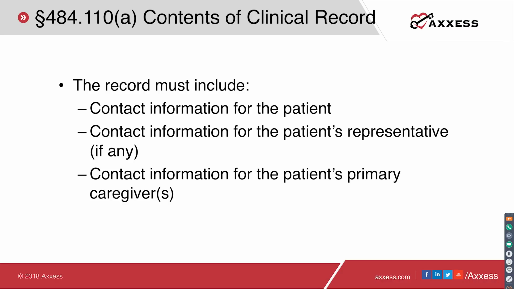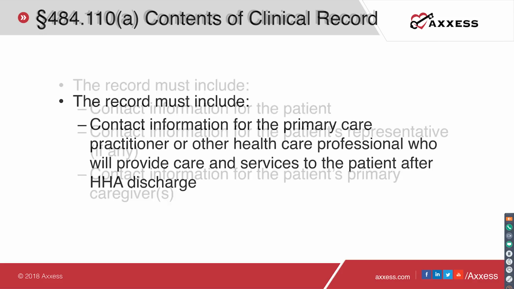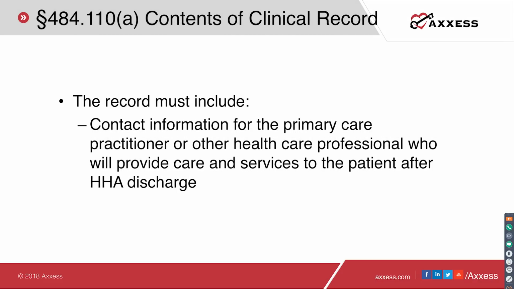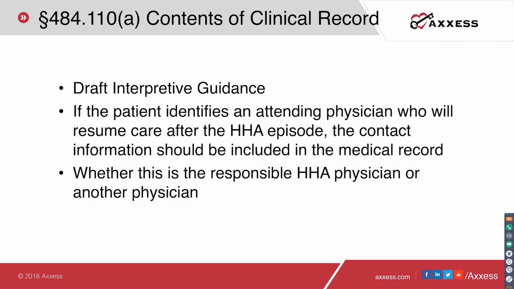The record also has to include the contact information for the primary care practitioner or other healthcare professional who's going to provide care and services to the patient after the home health agency discharges that patient. And what it's talking about here is if the patient identifies an attending physician who's going to resume care after the agency episode or after the discharge, that contact info should be included in the medical record, and you're going to have the ability to document and designate who the primary care physician is.